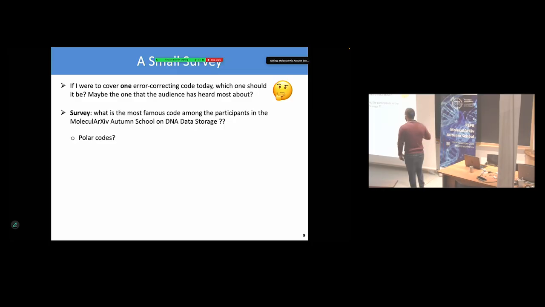How many of you have heard about polar codes? 1, 2, 3, 4, 5. So polar, 5. How many of you have heard about LDPC codes? 12.